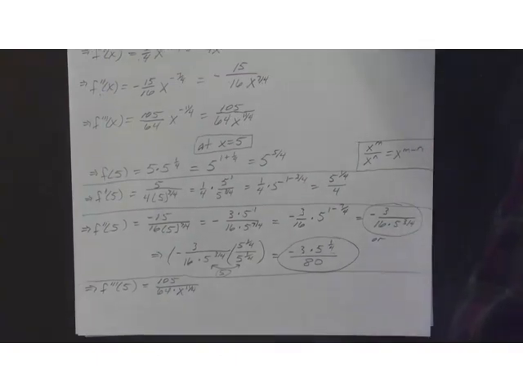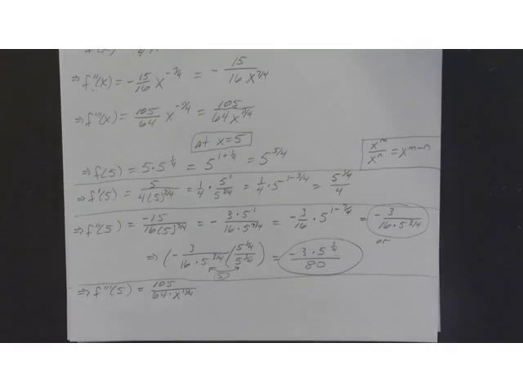Zoom in a little bit. Put the mouse out of the way. Here we go. So that gives us 105. We can actually expand that to 21 times 5.